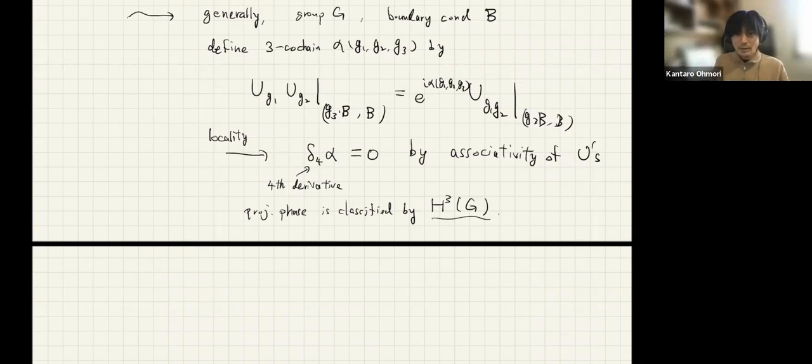I think it should be possible to generalize this story to higher dimensions. In higher dimensions you would have a disk, and put a different boundary condition on the left of the disk and on the right of the disk, and so on.